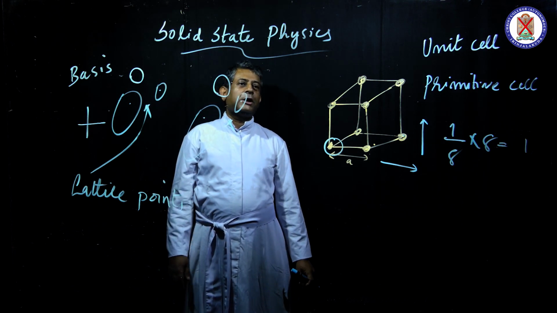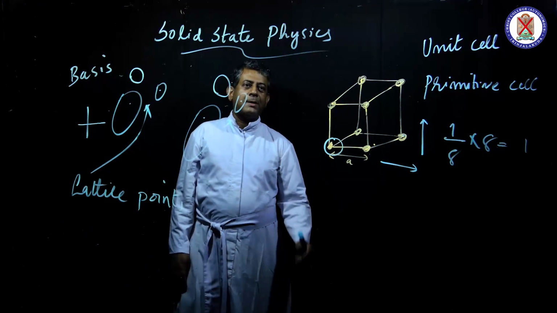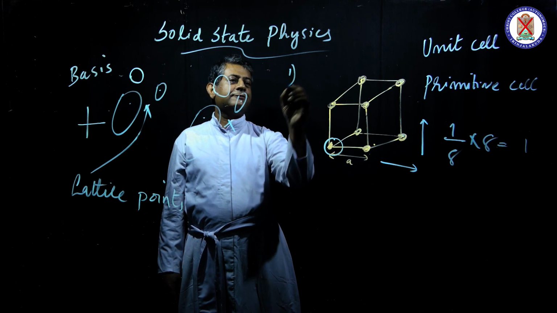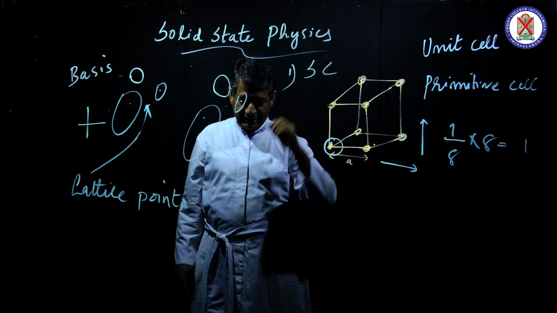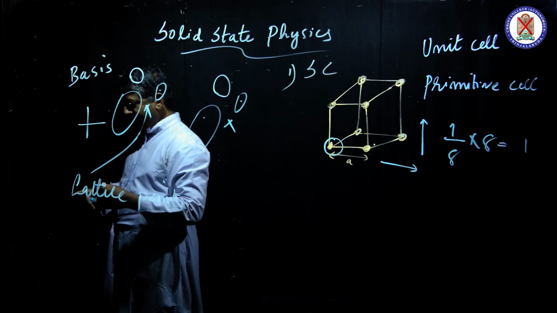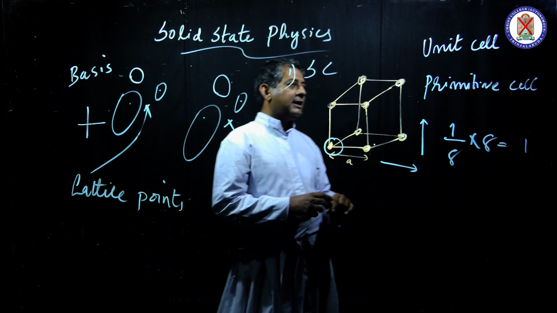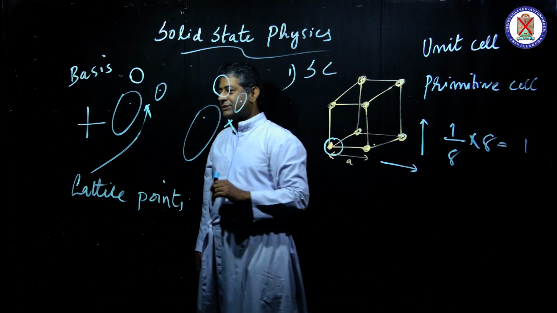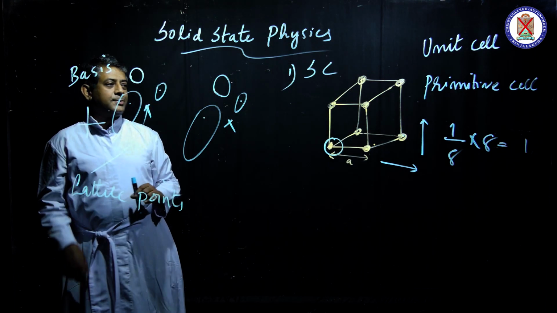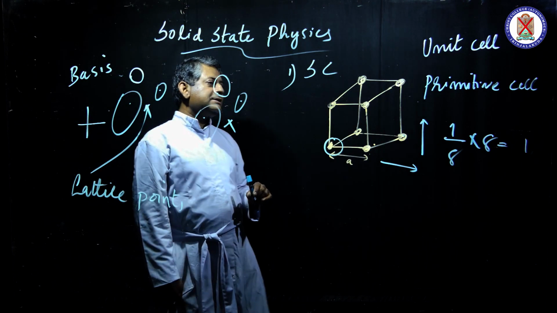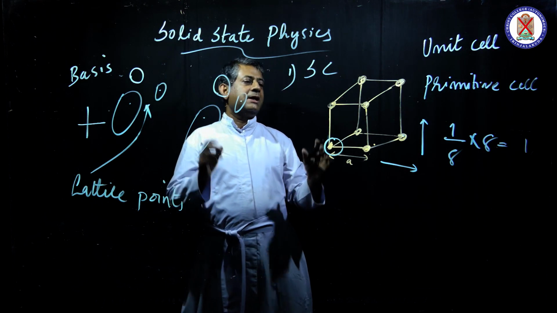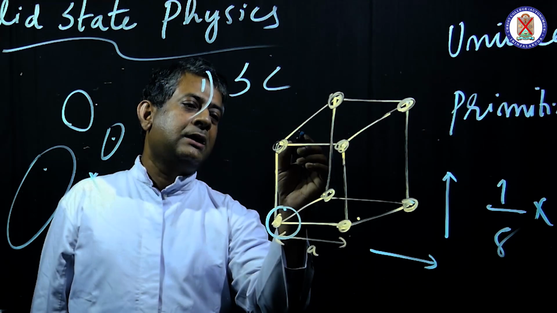When you study cubic structures, you come across 3 different types of cubic structure. The first is the simple cubic structure. In the simple cubic structure, you have got one lattice point. And how are the atoms placed inside it?